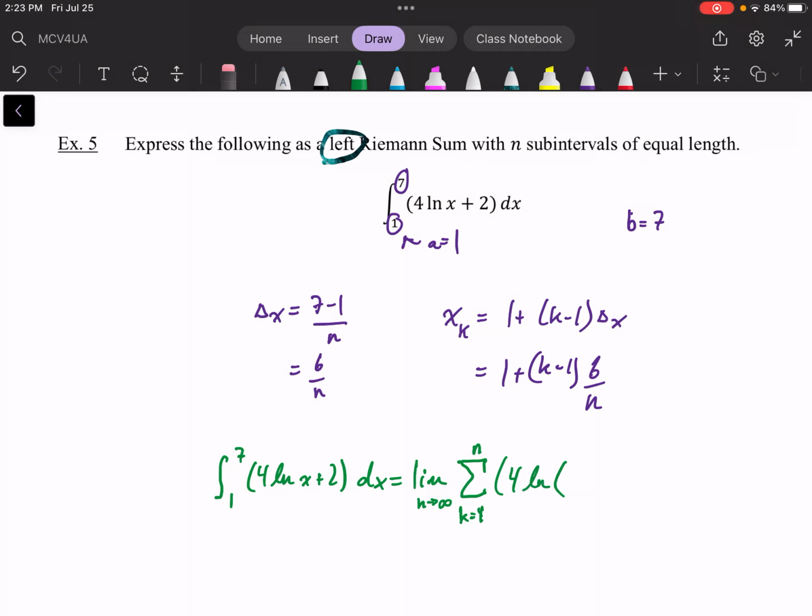Now here's where our x value is: it's 1 plus k minus 1 times 6 over n. That value, we've got to take that and add 2 to it in the bracket there, and then we put 6 over n right here. And there we go. So, this concludes this lesson.